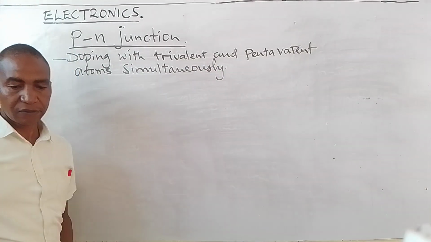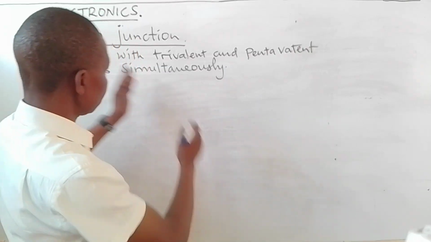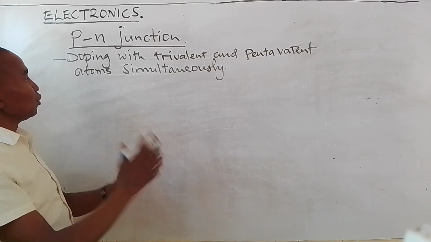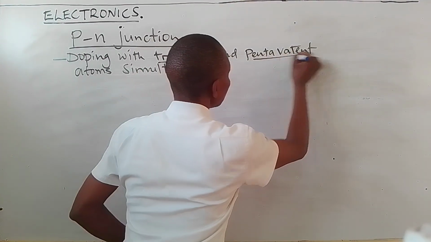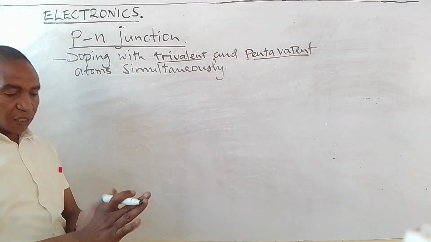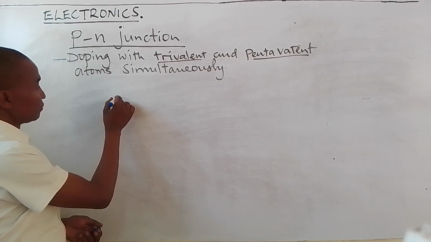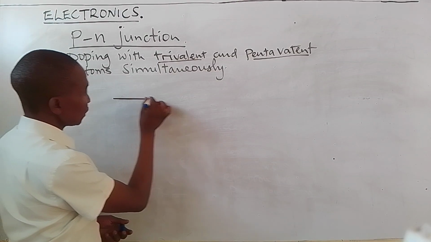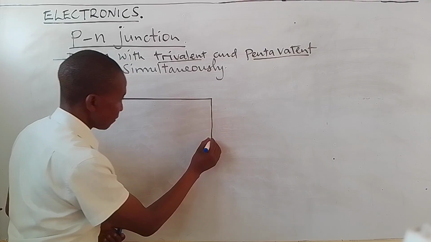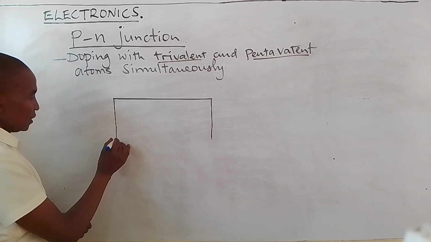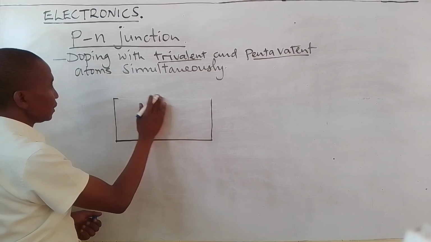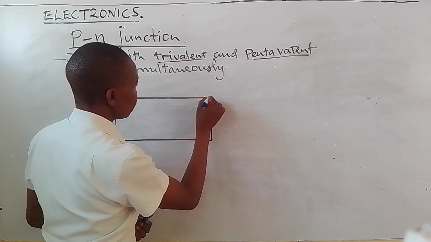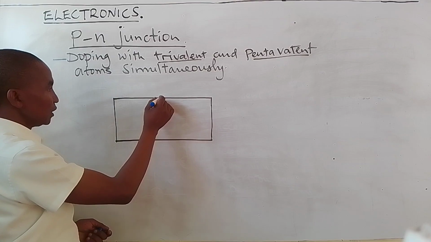So we take a pure crystal, and then we dope it simultaneously with a trivalent atom and a pentavalent atom. The result will be, we shall get a semiconductor where one side will be a p-type region and the other side will be an n-type region.